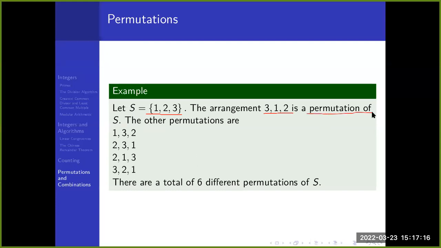And this gives us a permutation of the set S. And this gives us all the other arrangements that we can get, ordered arrangements in particular. So 1, 3, 2, 2, 3, 1, 2, 1, 3, and 3, 2, 1. If you count all of them, you end up with 6 arrangements. The first one is 1, 2, 3. The second one is 3, 1, 2, and then the remaining 4 are here. So you have a total of 6 different permutations of the set S.